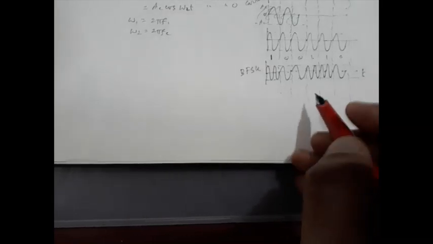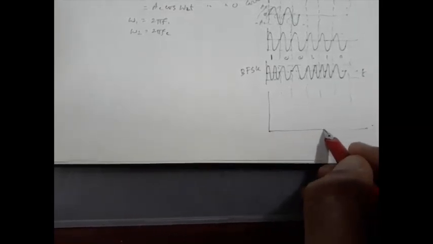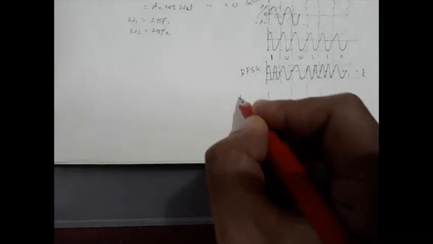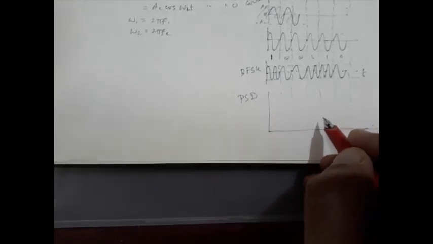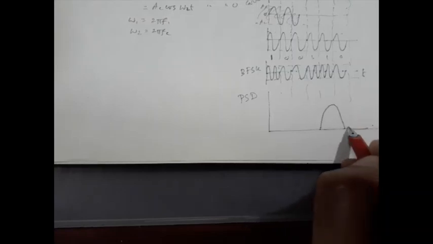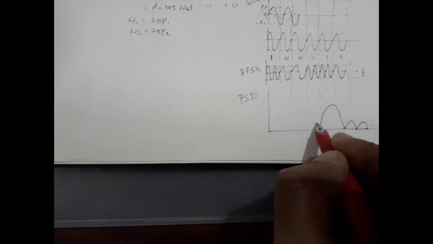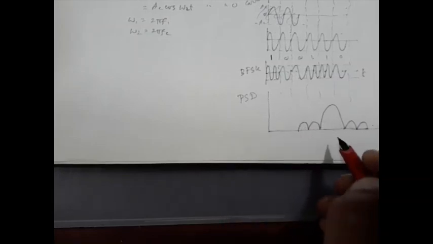Now if we calculate the power spectral density, we are plotting one-sided. First of all, for one carrier we have this one.